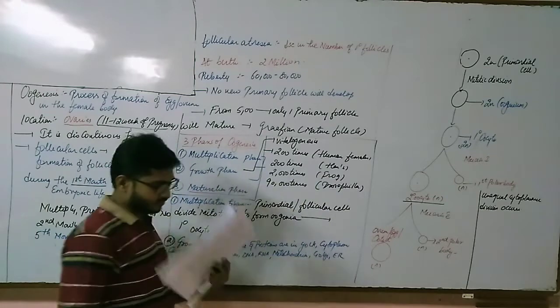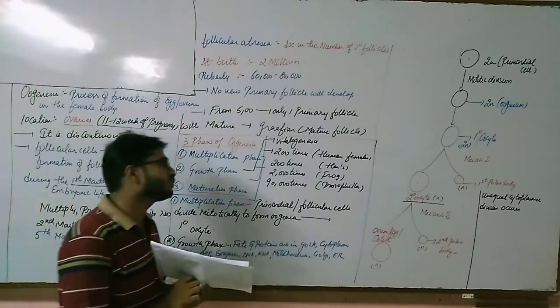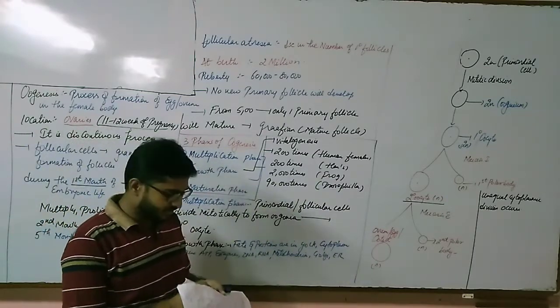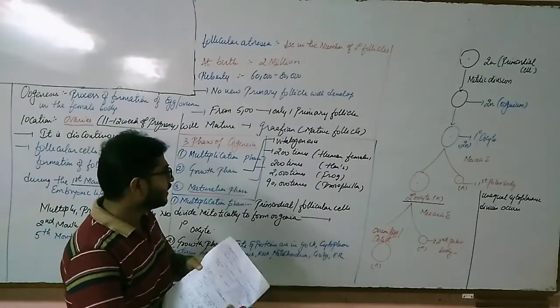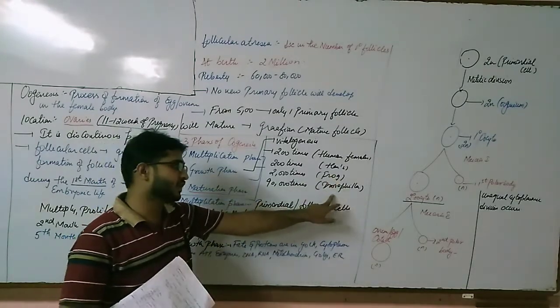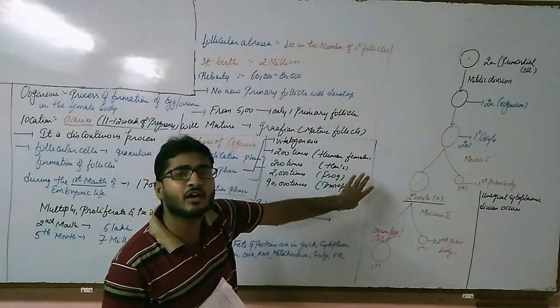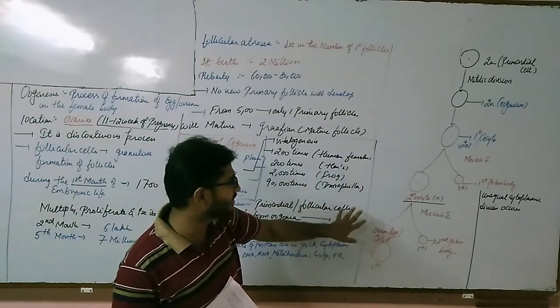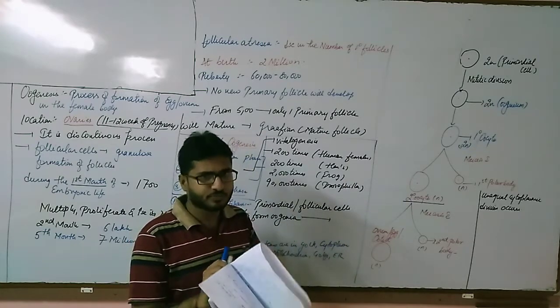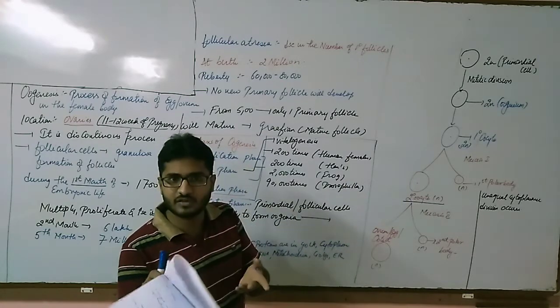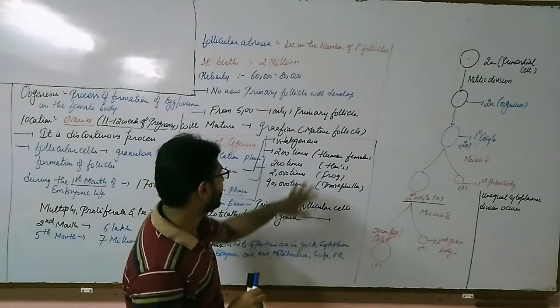Now, why this variation in the yolk content? This variation is because of the developmental stages that a particular organism is showing. Hen, frog and Drosophila are egg-laying animals. Human females do not lay any egg. The entire embryo will develop into fetus, and the fetus will give rise to the young ones.